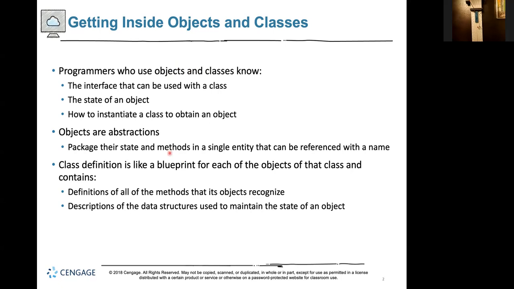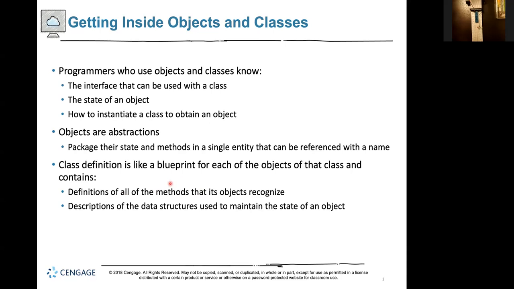So objects are abstractions that package state and methods in a single entity, which you can then reference through a name. And a class definition is like a blueprint. As I mentioned, it's like a template or blueprint, and it contains definitions of methods. Methods are basically functions, not the free-form functions you define without a class.